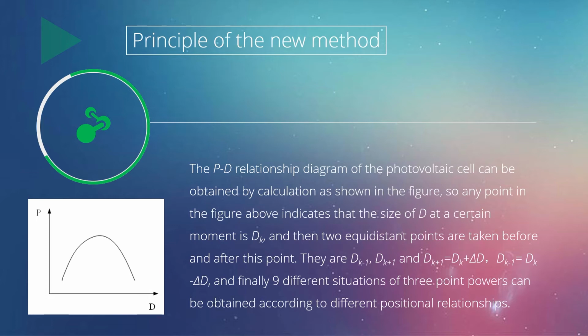They are dk minus 1 and dk plus 1, where dk plus 1 is equal to dk plus delta d, and dk minus 1 is equal to dk minus delta d. And finally, 9 different situations of the 3 points can be obtained according to the different positional relationships.